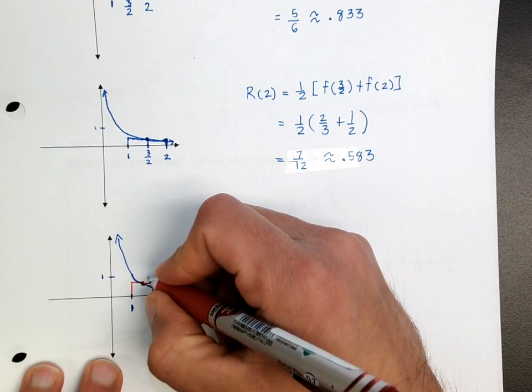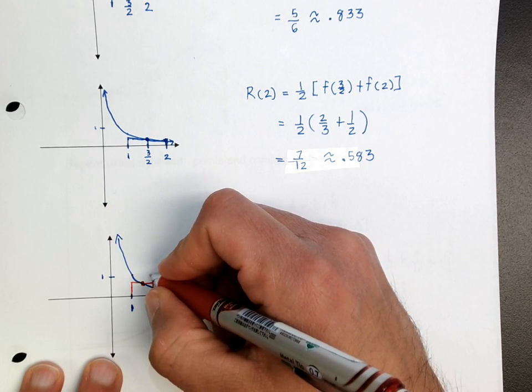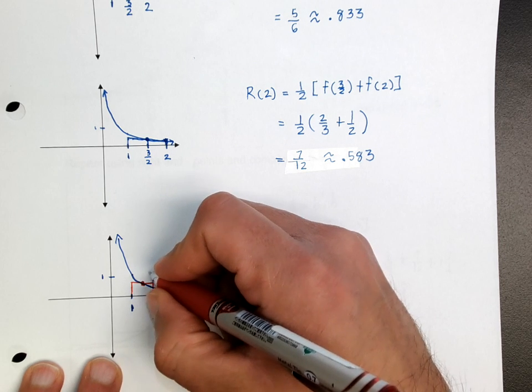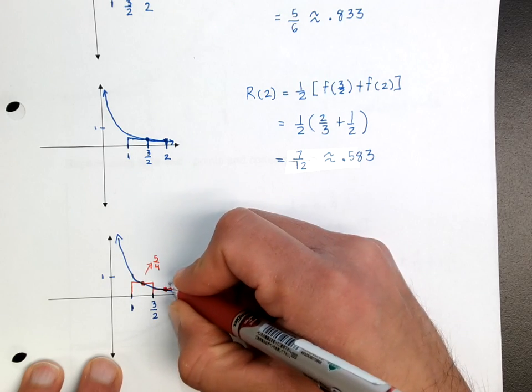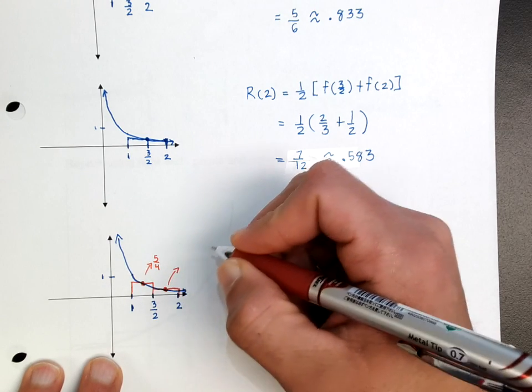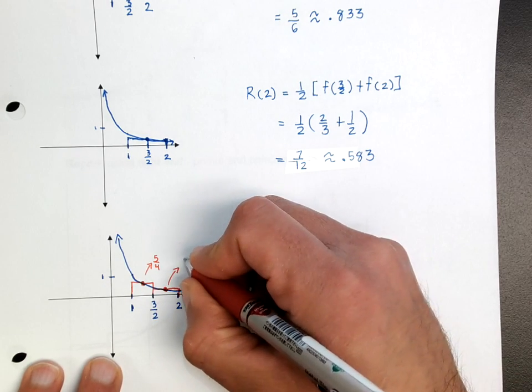You can't just use the endpoints directly. The point between 1 and 3/2 is actually 5/4, and the point between 3/2 and 2 is 7/4.